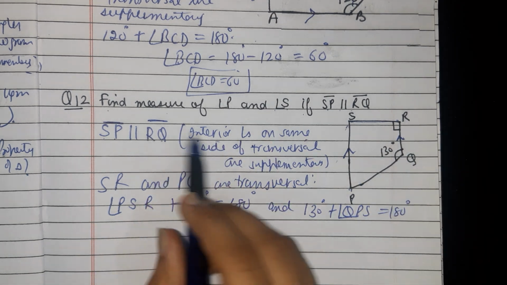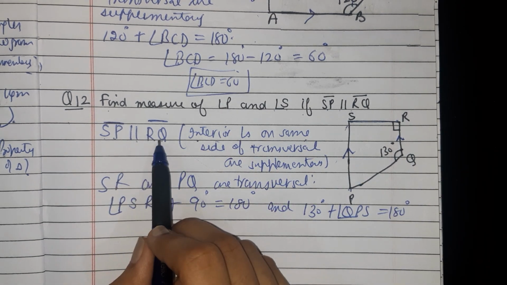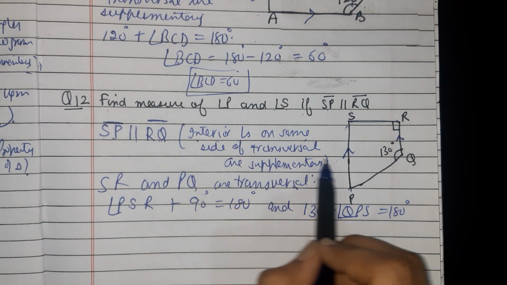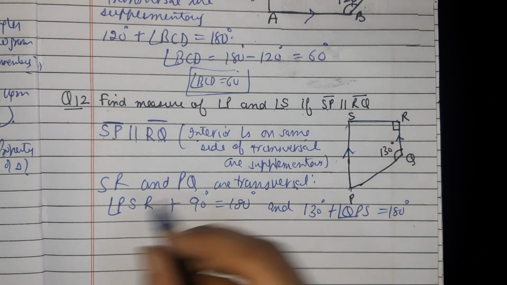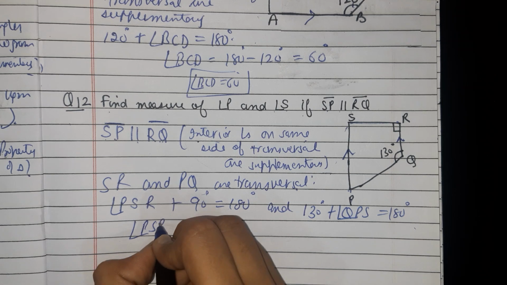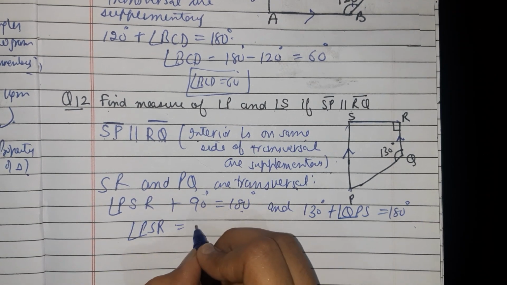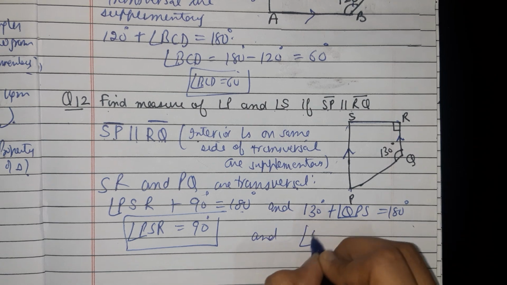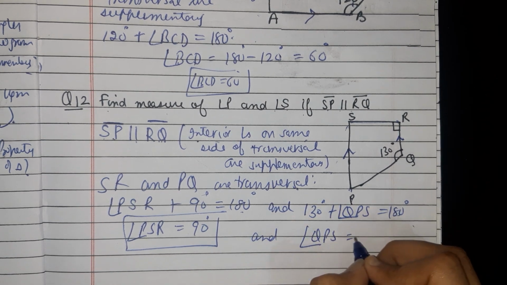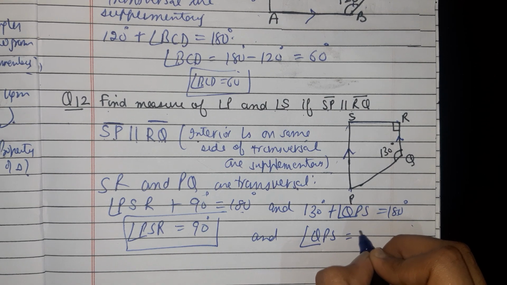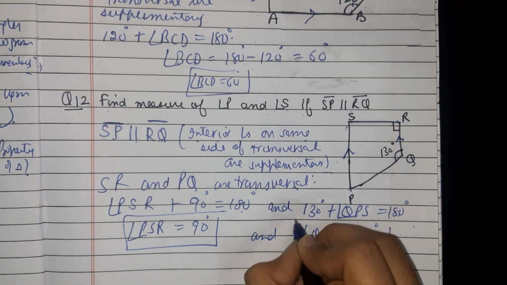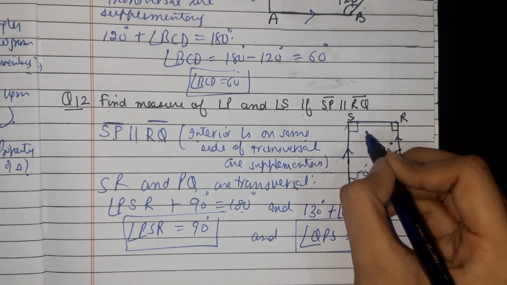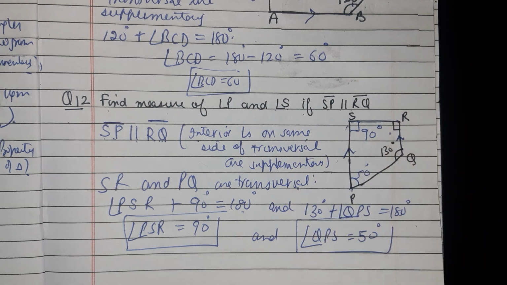Again the same reason, because SP is parallel to RQ and PQ is a transversal, interior angles on the same side of the transversal are supplementary. So angle PSR is 180 degree minus 90 degree, which is 90 degree, and angle QPS is 180 minus 130, which comes out to be 50 degree. So this angle is 50 degree and this angle is 90 degree.